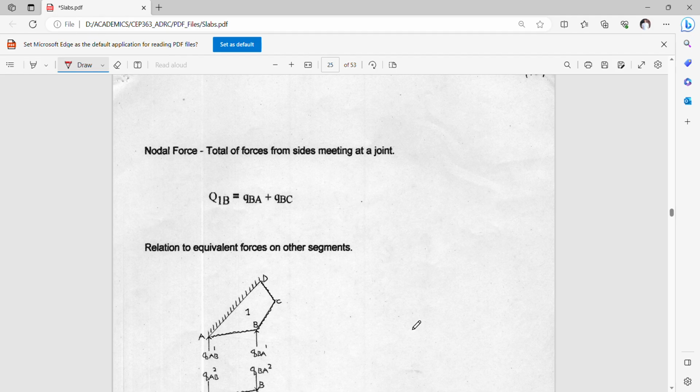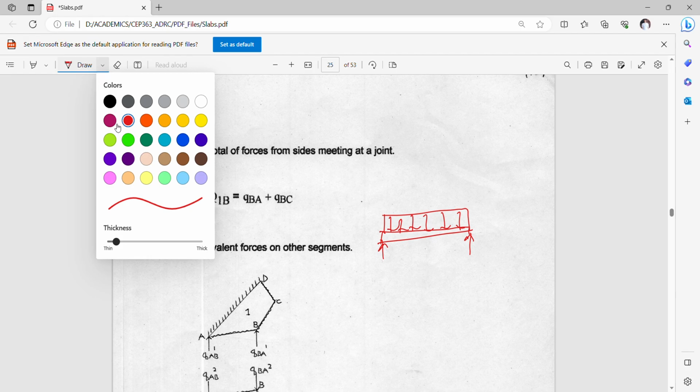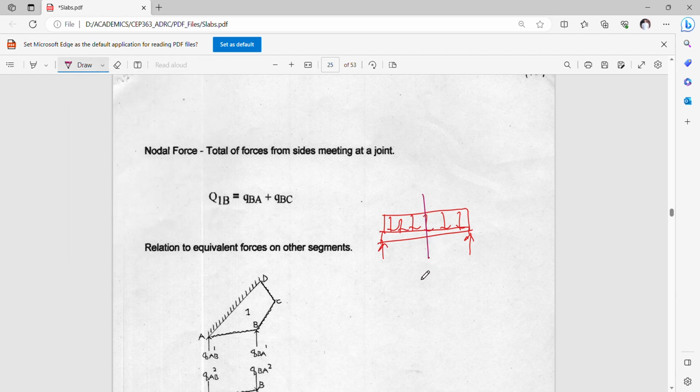And the relationship of the equivalent forces on the other segment is simply similar to what we normally do in beams, where there's a beam element with, of course, a uniform distributed load here. If we cut the beam into two, the shear force here will be actually the same as the shear here.